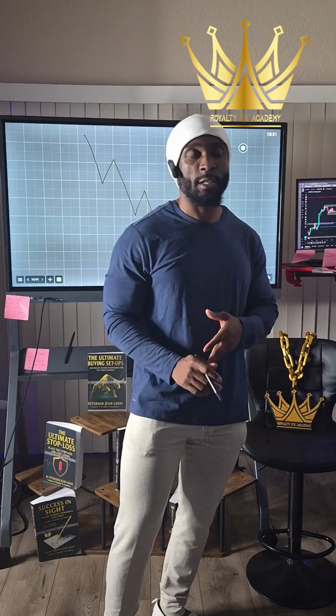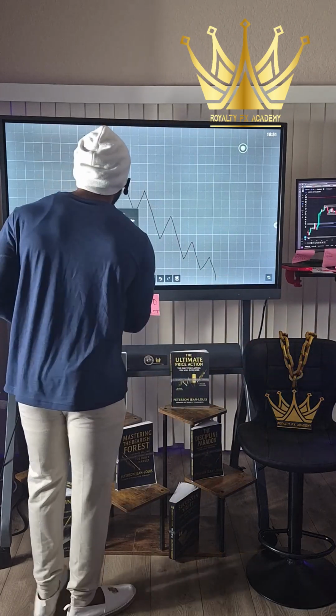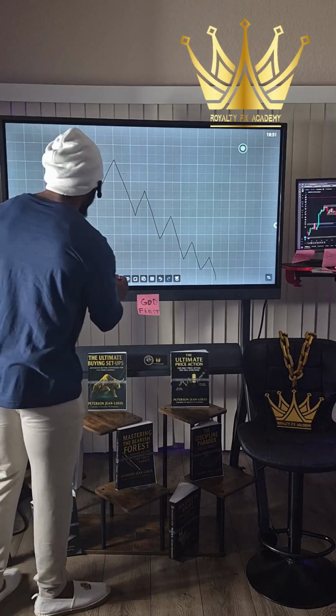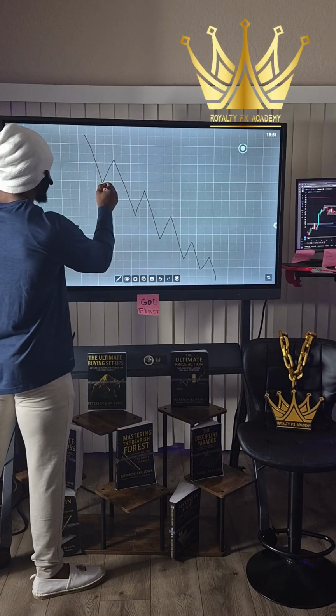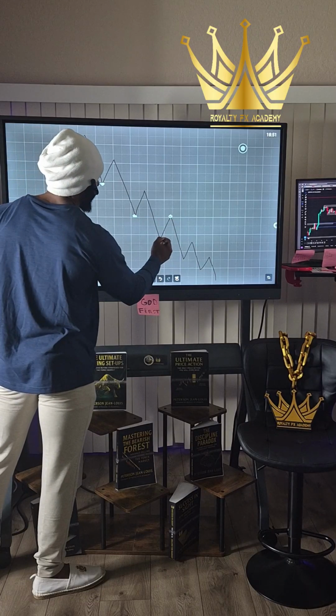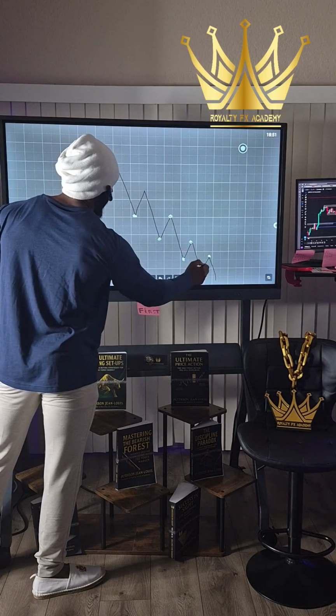I don't teach support and resistance, but every now and then I'll use that terminology for those of you guys that are used to it. But every one of my students, I teach them to understand that a zone is just a zone.